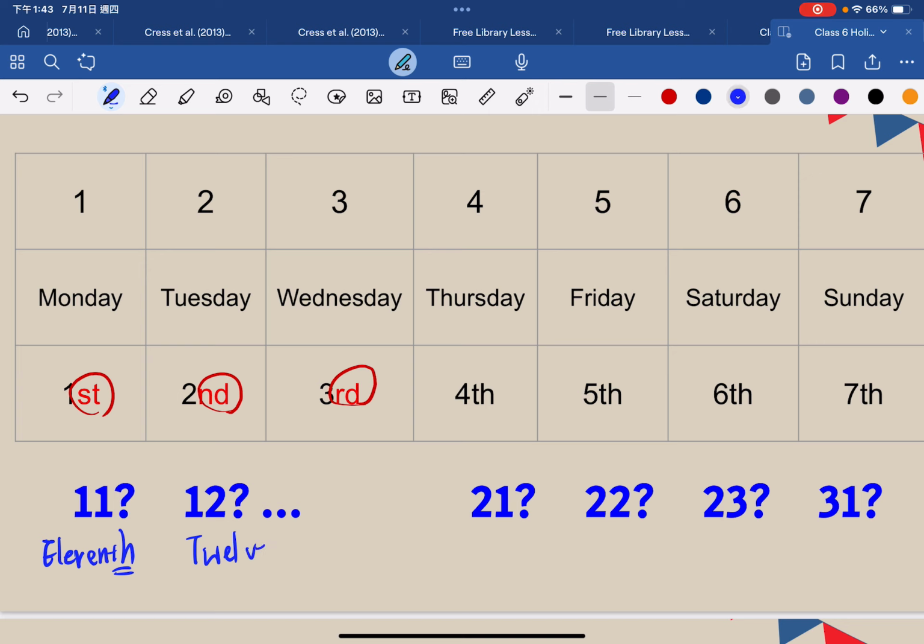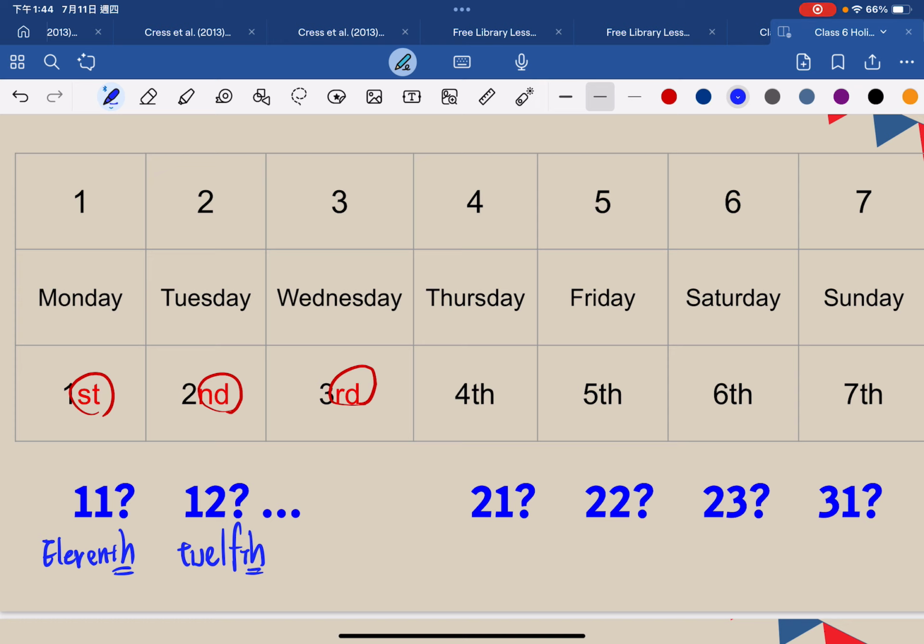Okay. So we also have 21, 22, 23, right? What about these? They're going to be written the same way as first, second, third.